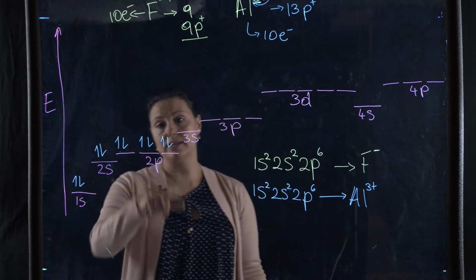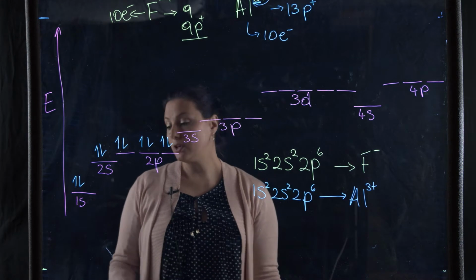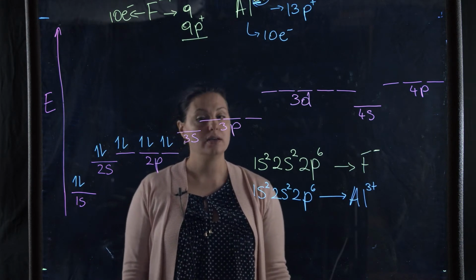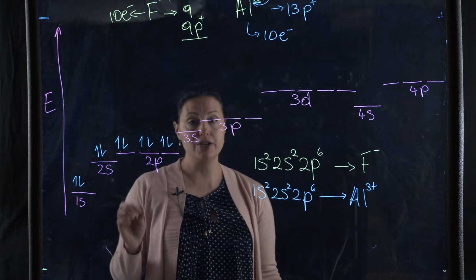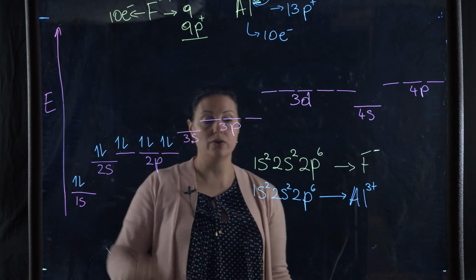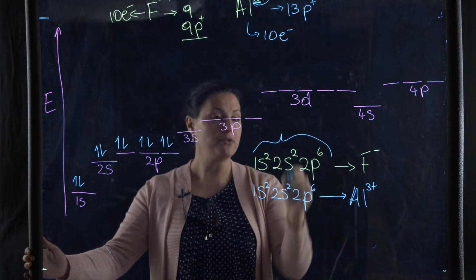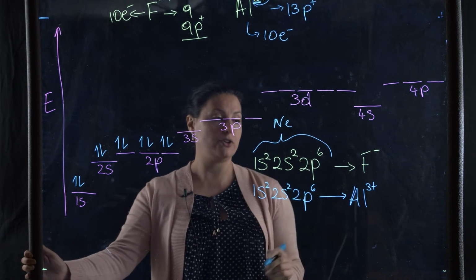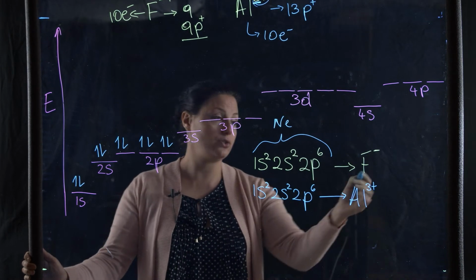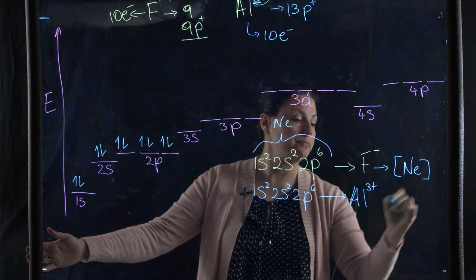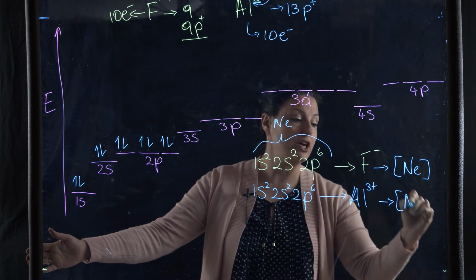Now what else is the same configuration? If you look in the noble gases, you'll find that neon has 10 electrons. Neon will have the same configuration. So for both of these, it corresponds to the neon configuration. So if I were to do the shorthand notation for these, I would just write neon, and for this one, neon as well.